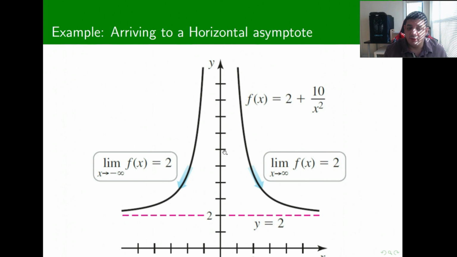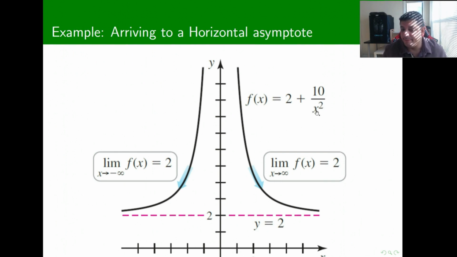When you get closer to 0, this is going to go to infinity on both sides. So the limit at 0 goes to infinity, and that's in terms of the vertical asymptote. But the horizontal asymptote is also going to happen in this function. Notice that when we go to infinity, the value of x squared is going to become really large.